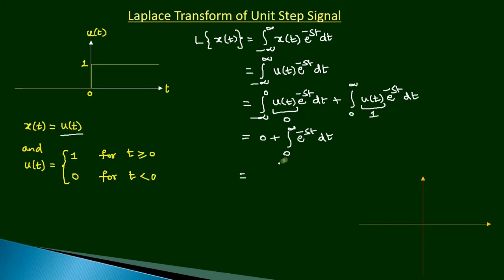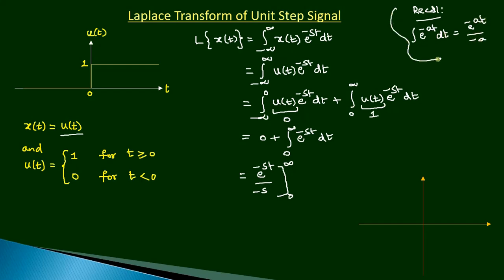Now we integrate this function e power minus st, which gives e power minus st by minus s over the limits 0 to infinity. We recall the basic integral formula: the integral of e power minus at dt gives e power minus at by minus a.